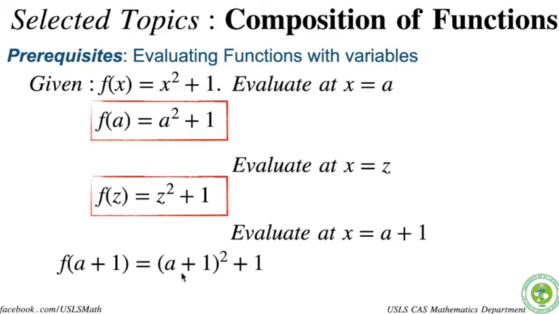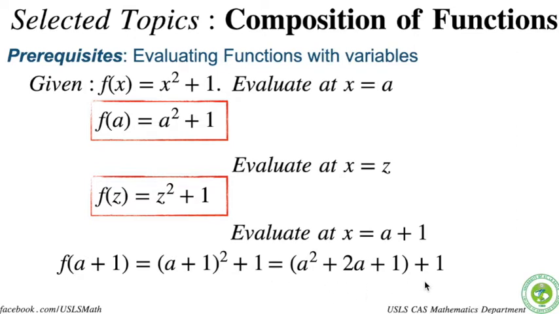From here, we will try to simplify things. This is a plus 1 squared, so remember our factorization. The first term will be a squared, the middle term will be 2 times a times 1, that's 2a. The third term will be 1 squared, that's just 1. So we will have a squared plus 2a plus 1. This plus 1 came from here, so we didn't do anything about that.